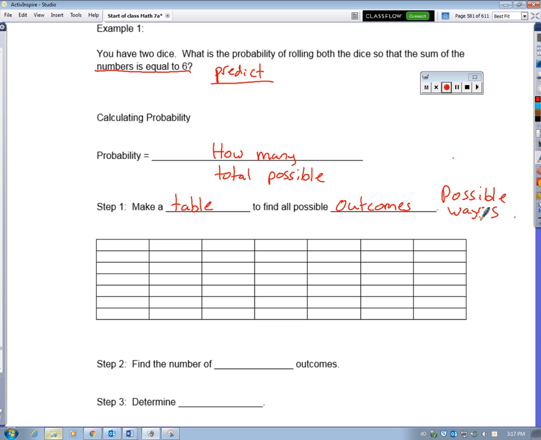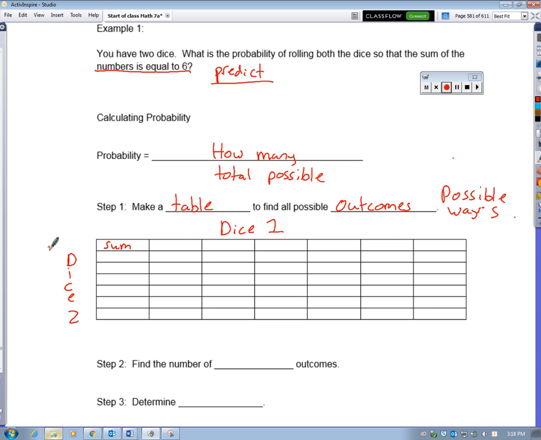So here's what we're going to do. We're looking for the sum of the numbers to be 6. So I'm going to label this first box here sum, because that's what we're going to be looking at. And on the top here, we're going to have dice number 1, and then along the side here, we're going to have dice number 2.